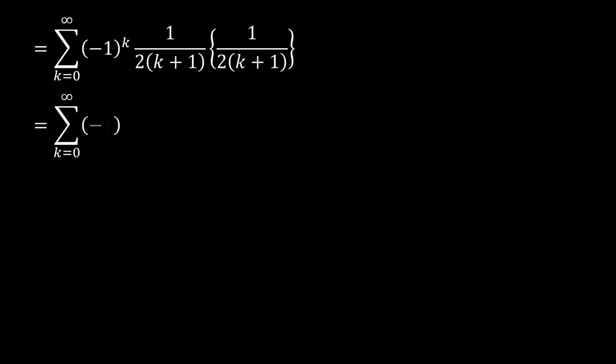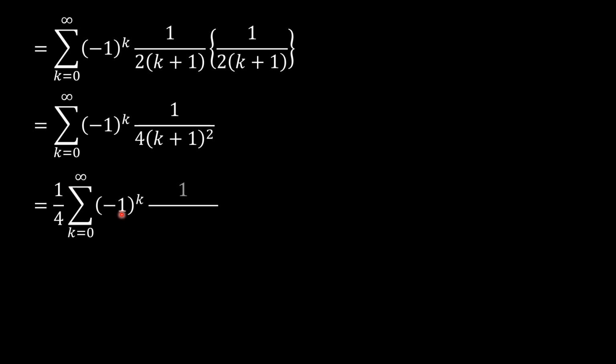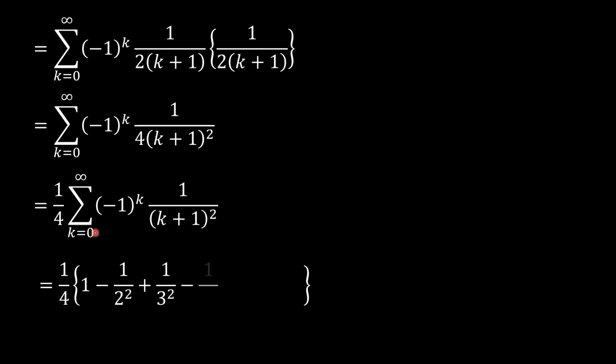So we have an interesting problem here. We have a scenario where we can pull a quarter out, and we have negative 1 to the k over k plus 1 squared. When k equals 0, we have positive 1 over 1 squared.